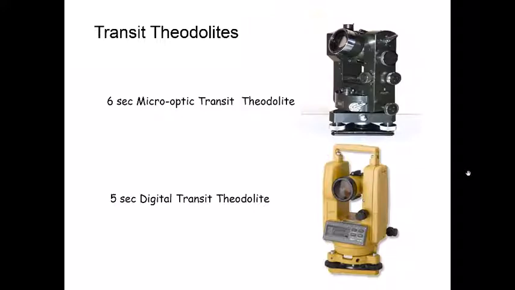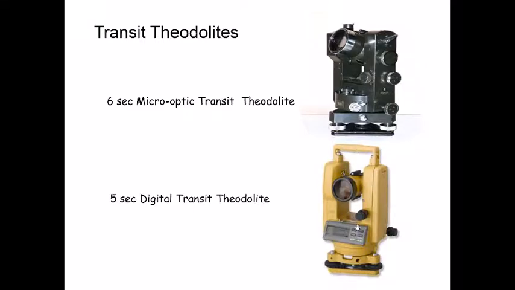Now this telescope was fixed in the case of the auto level, fixed in the sense in the vertical plane. You could rotate the instrument in the horizontal plane, but in the vertical plane the telescope was fixed. But in this case, you can rotate the telescope about the horizontal axis in a vertical plane, so you can move it up and down.